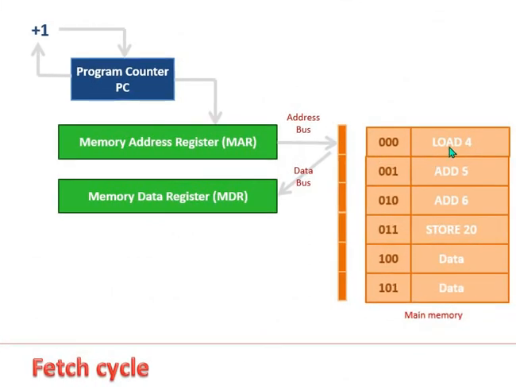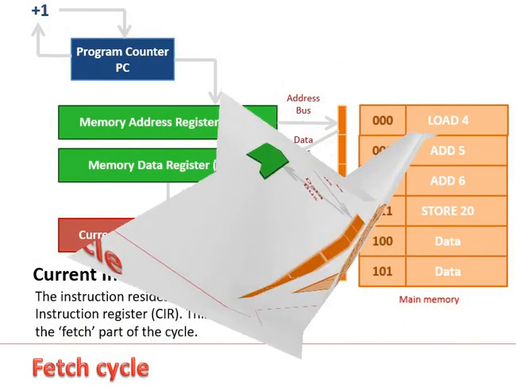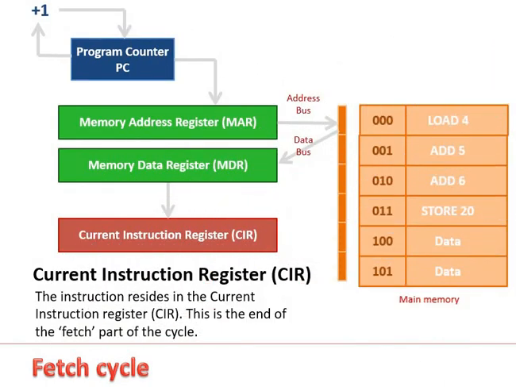Now this load 4 instruction on address 000 will be transferred to the memory data register through a data bus. So the memory data register now has load 4 as the instruction. Load 4 is in the memory data register, and it will be transferred to the current instruction register.